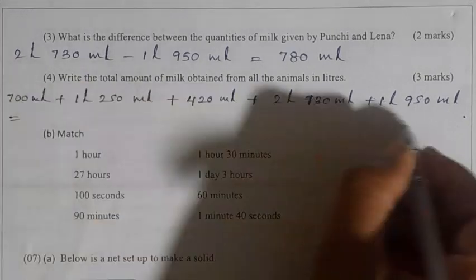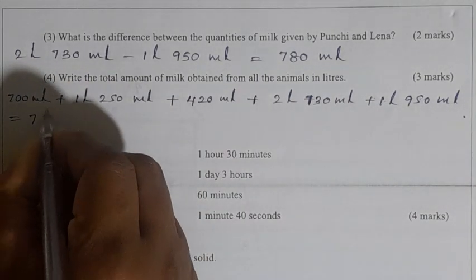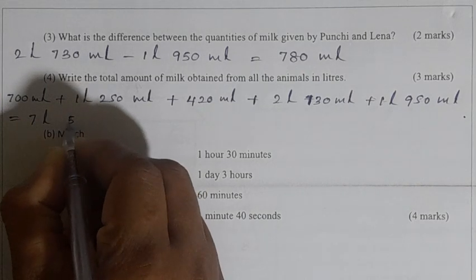So the addition of all the amounts is 7 liters 50 milliliters.